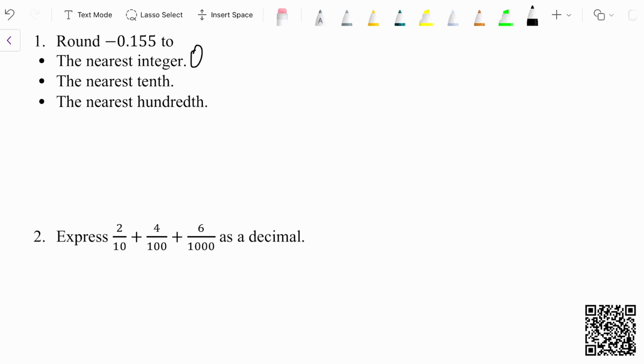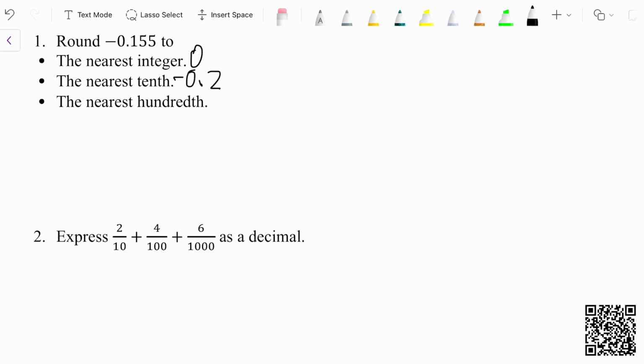The nearest tenth. Negative 0.155 is not only 0.045 away from negative 0.2, but it's 0.055 away from negative 0.1, so it's negative 0.2.